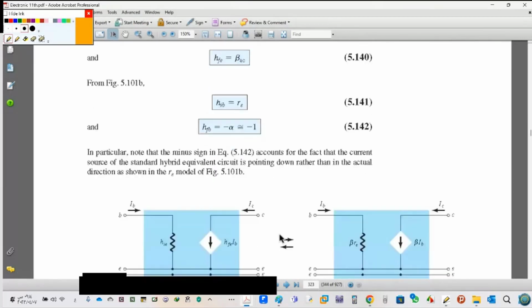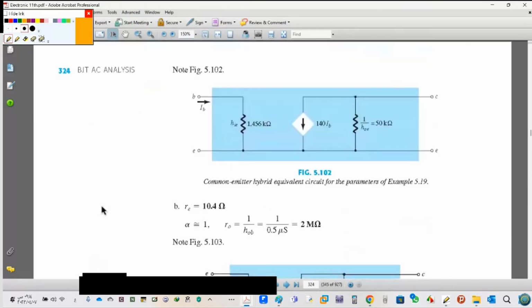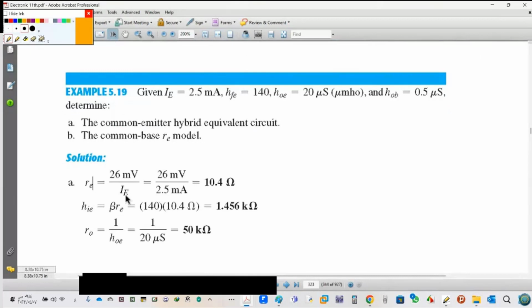So here, if I want to solve this question in the hybrid model, RE is 26 millivolt over IE. I start to calculate RE in this way. Then HIE, as you see here, is beta RE. RO is 1 over HOE, and HOE is in Siemens.